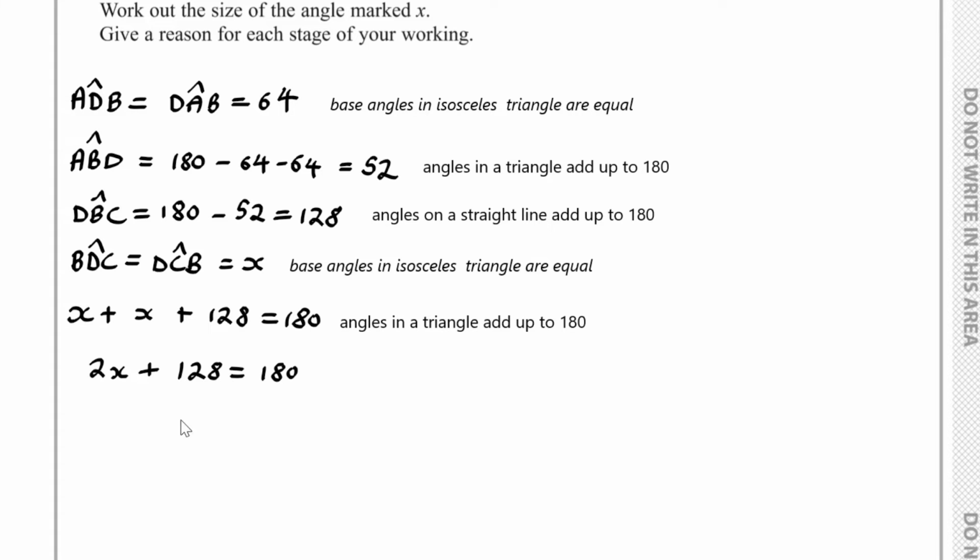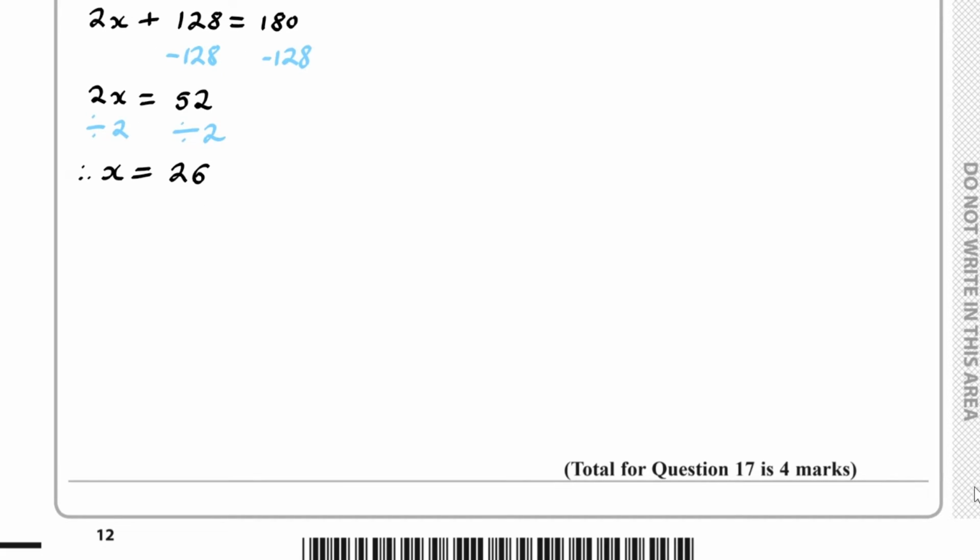We can tidy this up by subtracting 128 from both sides. So we have 2x equal to 52, and therefore if we divide both sides by 2, you can see x is equal to 26. So x is equal to 26.